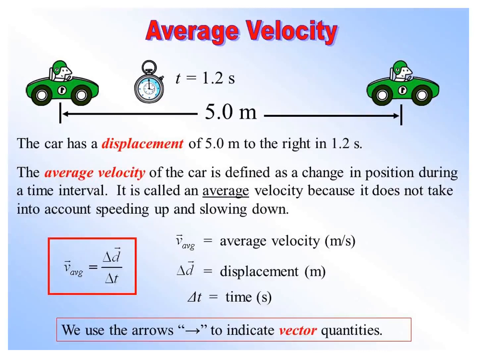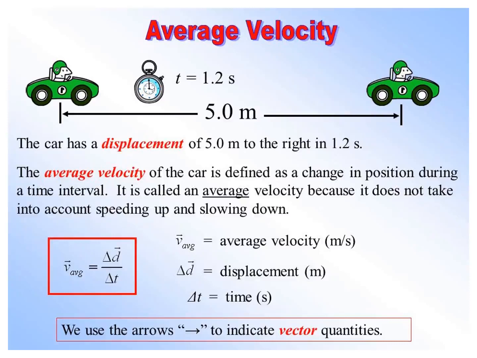So the average speed is the total distance an object travels. There is an object, and it travels. The distance traveled by the object is divided by the total time the object has elapsed.